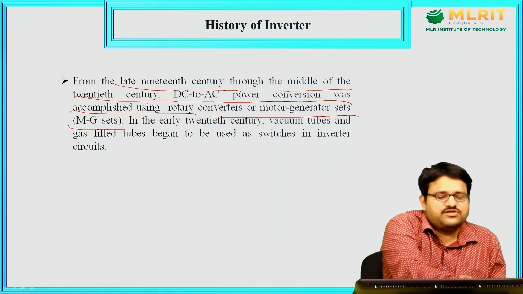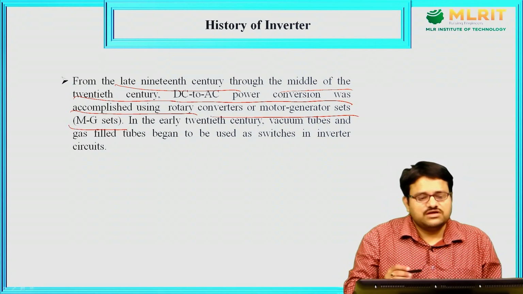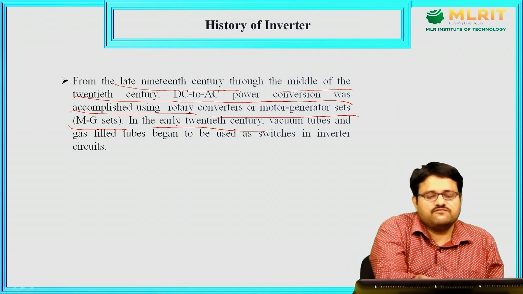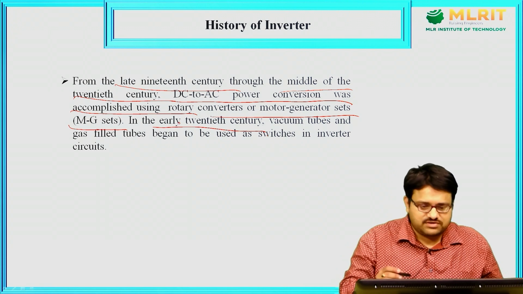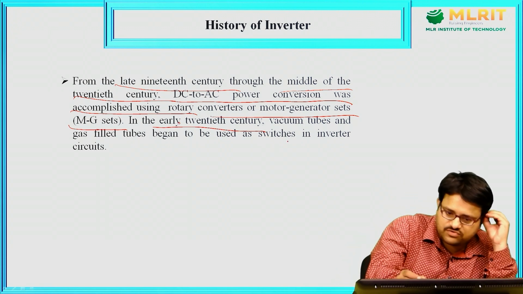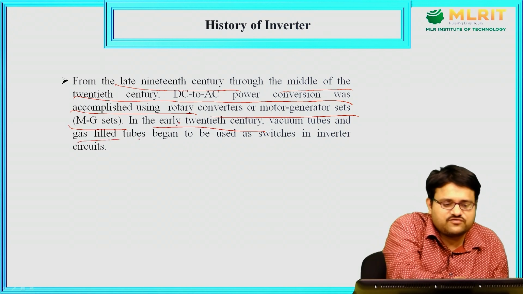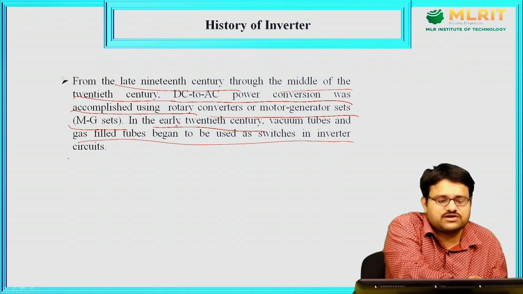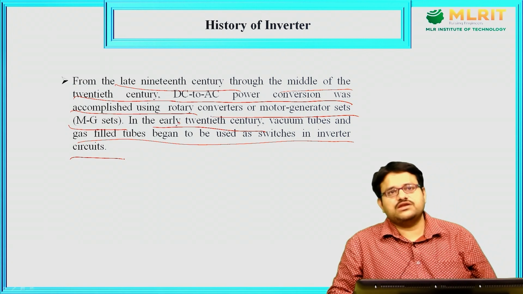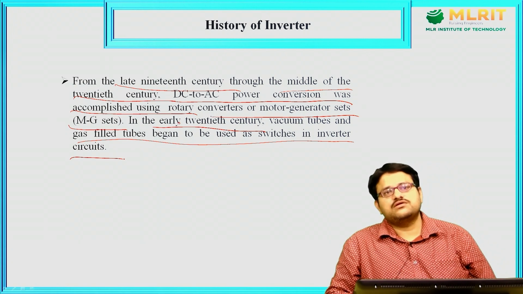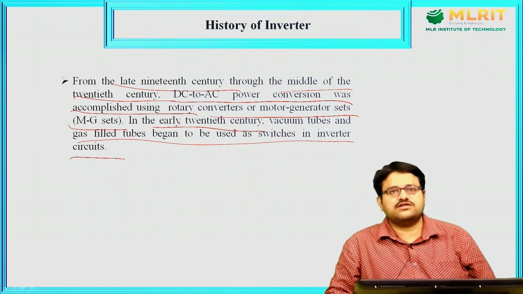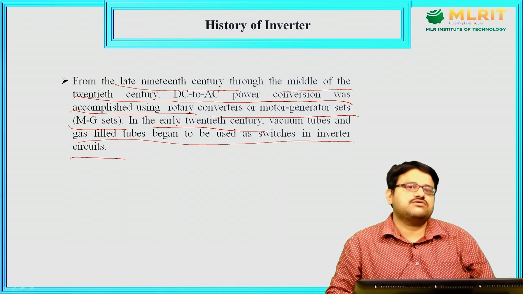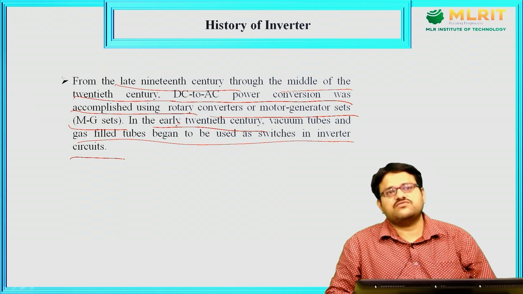That is called MG sets, motor generator sets. In the early 20th century, vacuum tubes and gas filled tubes began to be used as switches in inverter circuits.